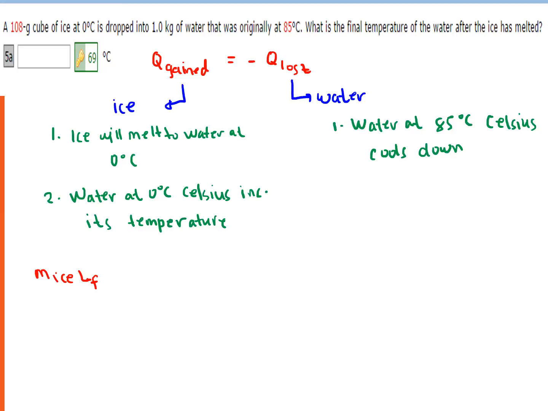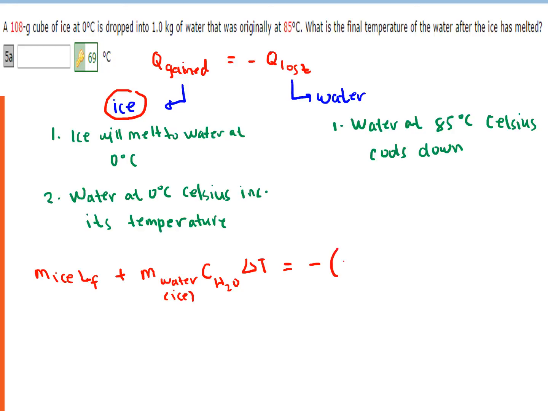So we have m of ice multiplied by latent heat of fusion, plus, since this ice will become water as it melts, m of water. Again, this water comes from ice that has melted, multiplied by the specific heat capacity of water, multiplied by the change in temperature, is equal to negative Q lost.